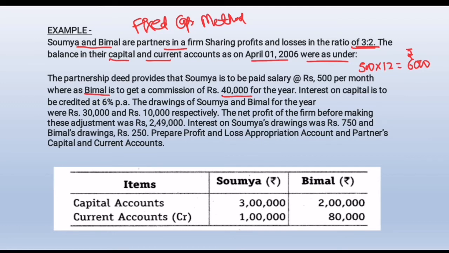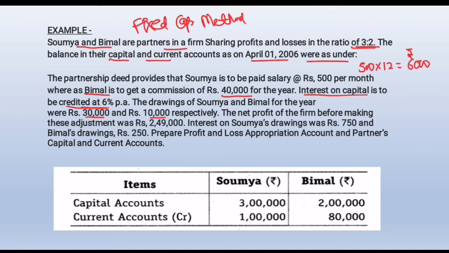So this is the amount of commission to be given to Bimal. Interest on capital is to be credited at the rate of 6% per annum, so we'll calculate interest on capital as well. The drawings of Soumya and Bimal for the year were rupees 30,000 and rupees 10,000 respectively. So this is the amount of drawings. It will also be charged to the partners' current account.